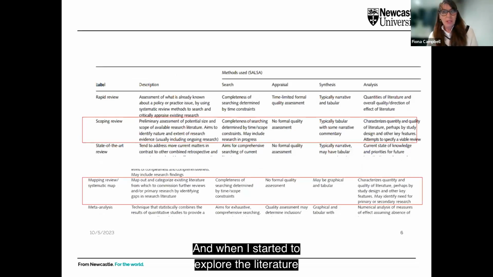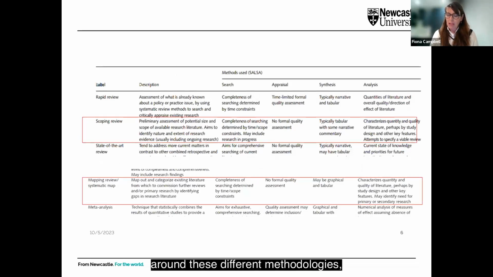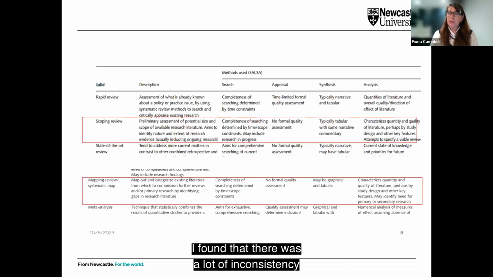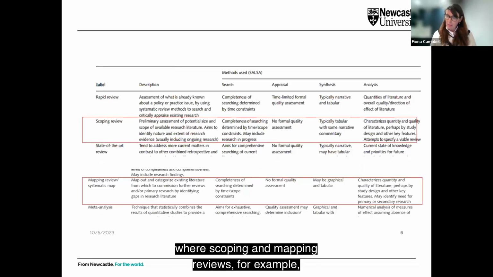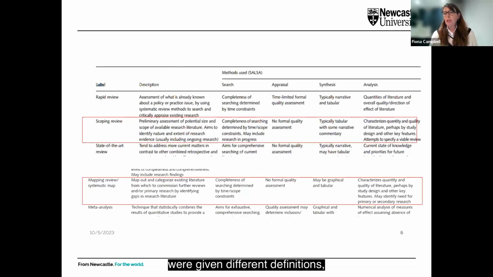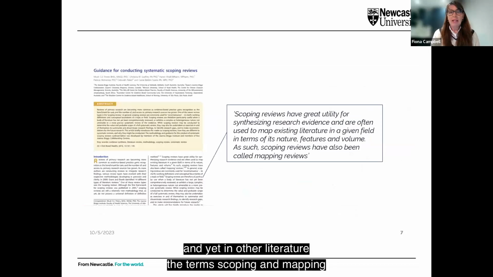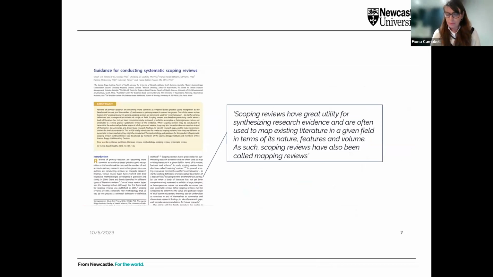And when I started to explore the literature around these different methodologies, I found that there was a lot of inconsistency within the literature. So there would be examples where scoping and mapping reviews, for example, were given different definitions. They were seen as different things. And yet in other literature, the terms scoping and mapping were used interchangeably.